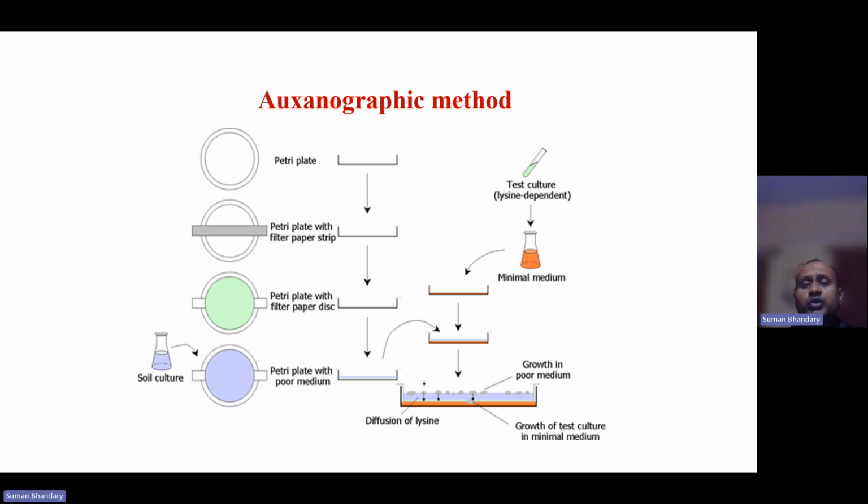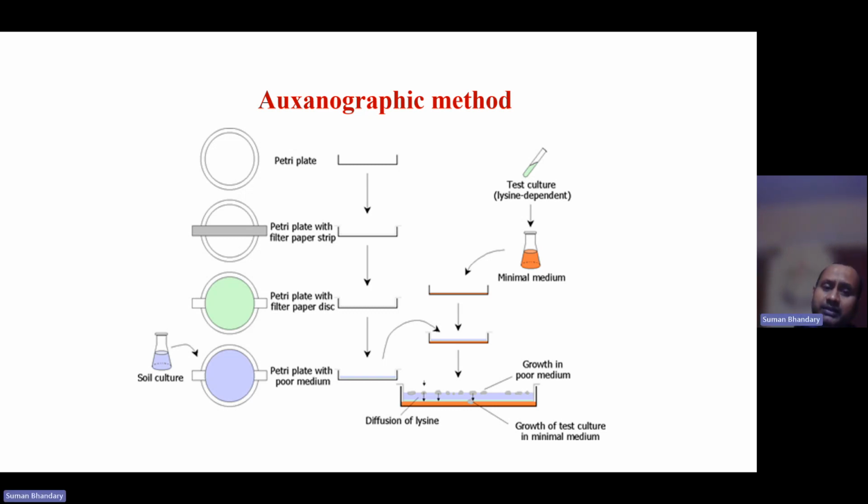Now, after incubation, you can see that there is no growth of the test culture. Why? Because the culture medium lacks lysine, and the test culture is lysine auxotroph.